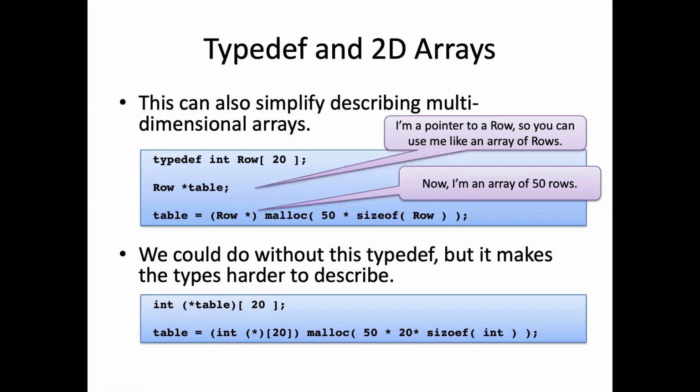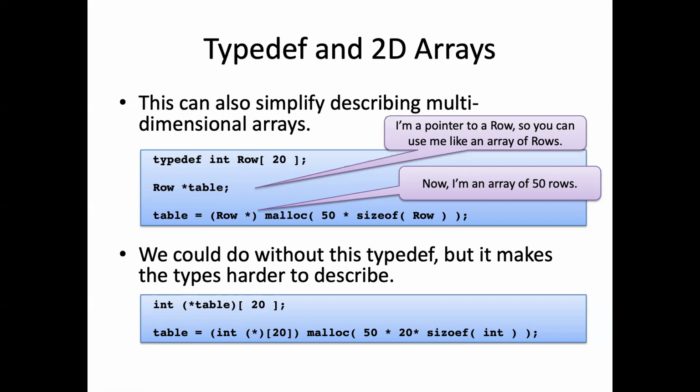Oops, sorry, one more example before we do structs. We came up with a couple of lectures ago how to make pointers to multi-dimensional arrays. And it was a little tricky. We had to figure out how, if we wanted to make a two-dimensional array, to talk about a pointer to one row in that array.